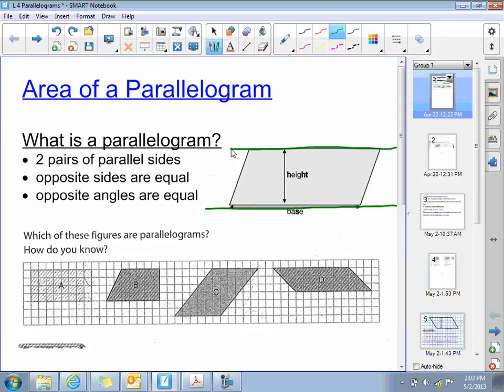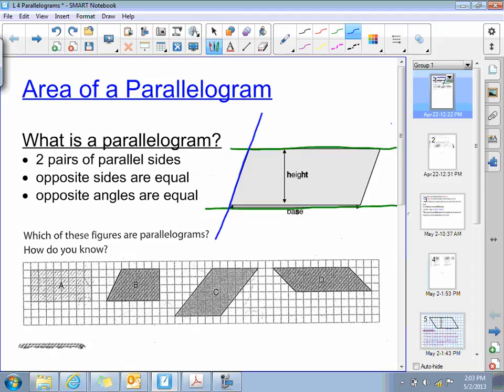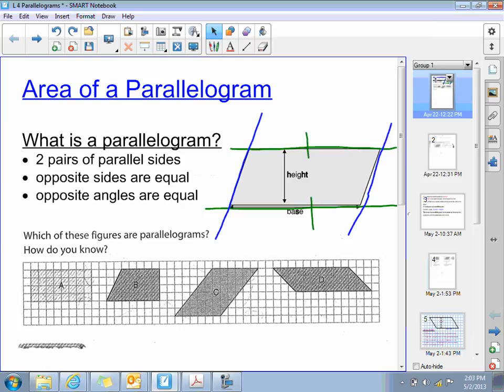Those are parallel lines. According to the definition, I need a second pair of parallel lines, and in this case, these lines would qualify as parallel. My opposite sides are going to be equal, so the length of my top side and bottom side will be equal.